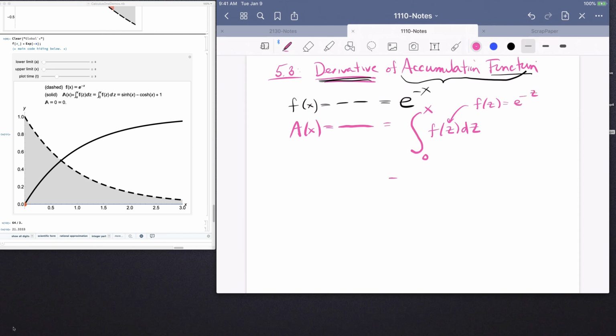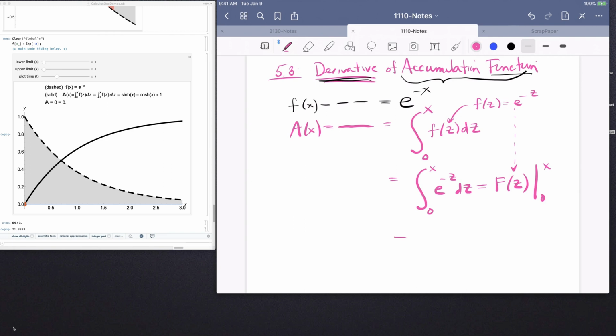Okay. So if we would actually like to find this accumulation function, we're going to do the definite integral from 0 to x of e to the negative z dz. And that accumulation function is going to require us to find an antiderivative of the given function. We need to find the antiderivative of e to the negative z, and then we need to evaluate from 0 to x.